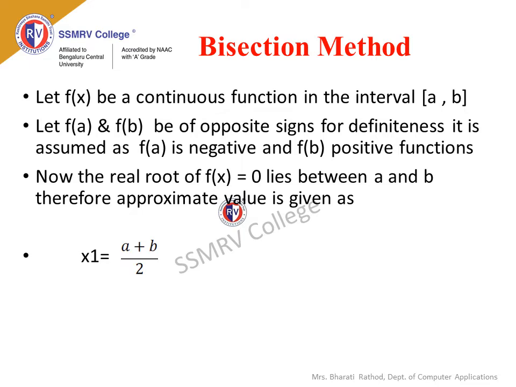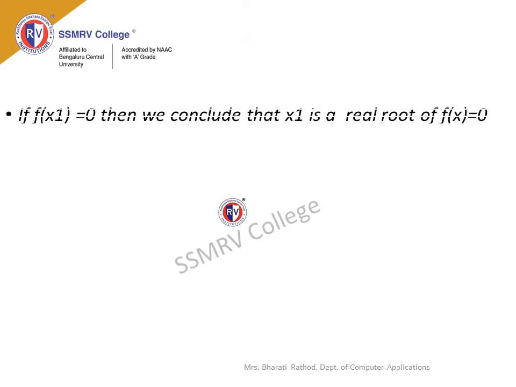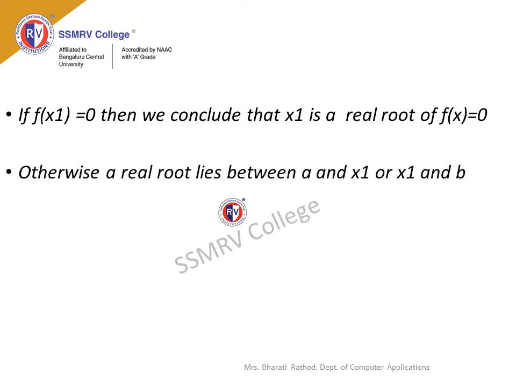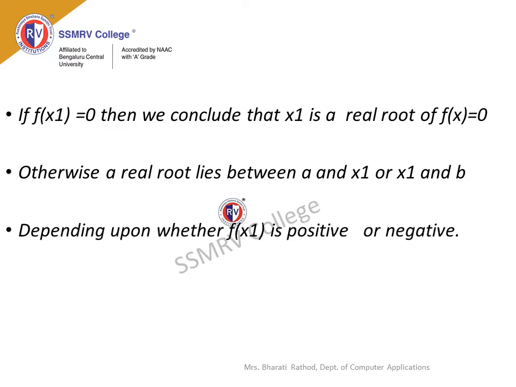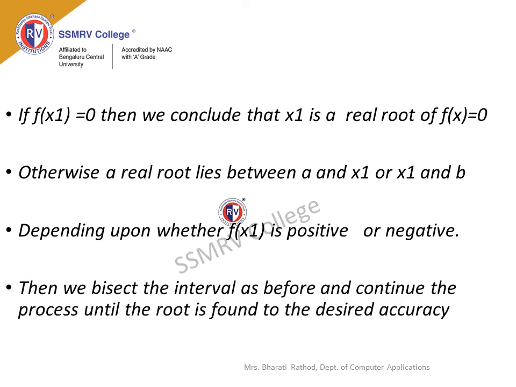Therefore, the approximate value is given as x1 = (a + b)/2. If f(x1) = 0, then we conclude that x1 is a real root of f(x) = 0. Otherwise, a real root lies between a and x1 or x1 and b, depending upon whether f(x1) is positive or negative. Then we bisect the interval as before and continue the process until the root is found to the desired accuracy.